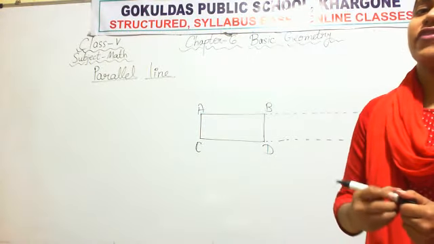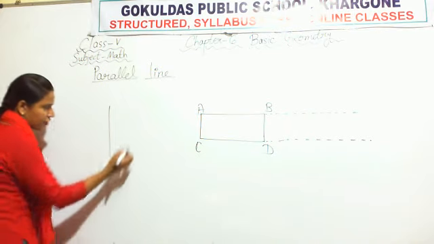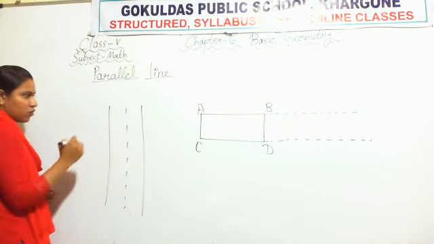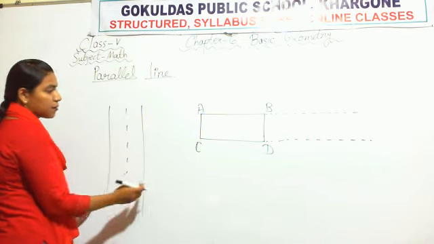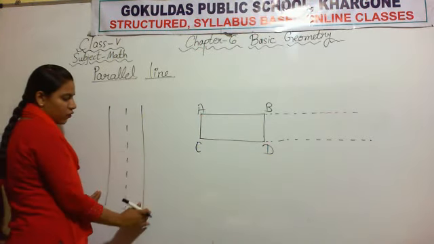According to me, a straight road. You have seen straight roads, highways. Roads are like this. So both sides of the road are parallel. They don't cross each other.